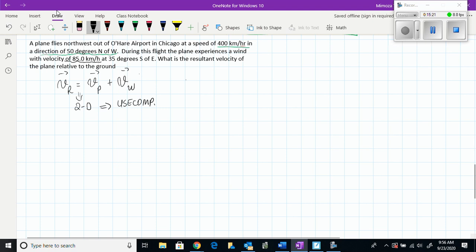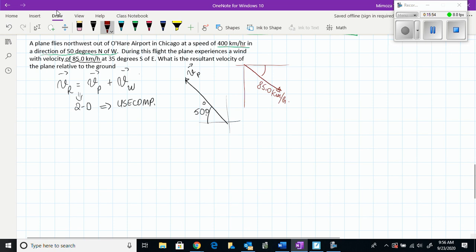So in this situation, we have the velocity of the plane that is between north and west, at 50 degrees with west. And then we have the velocity of the wind that is between south and west, and it is 85 kilometers per hour.